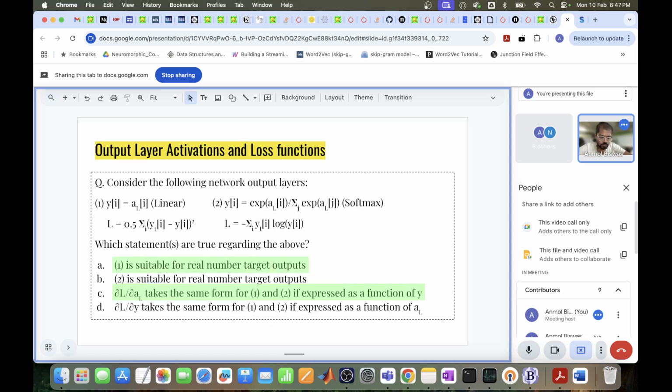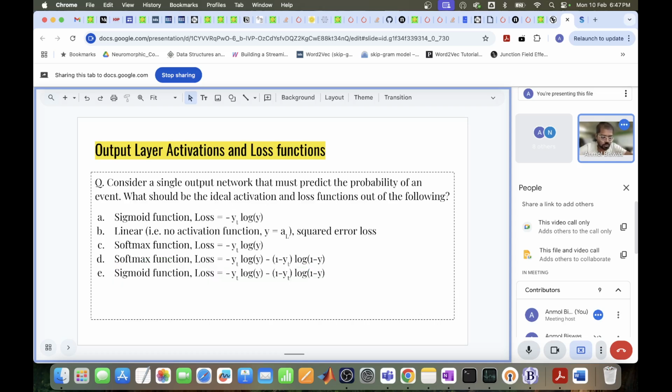This is something I intend to cover later, so we'll go through the differentiation step so that you can see how that emerges.